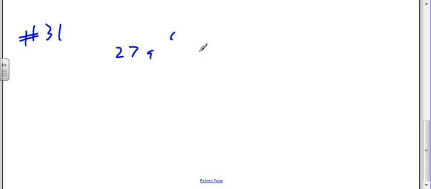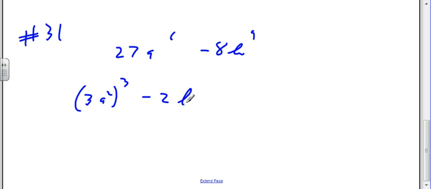Number 31: 27a to the 6th minus 8b to the 9th. Because we're in this section of the book, we think we see the difference of two cubes. So that's (3a squared) cubed minus (2b cubed) cubed. Now we're all set.